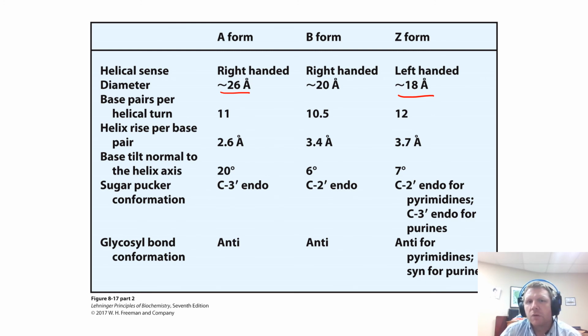There are about 10.5 base pairs per one full helical turn in B form. A and Z have 11 and 12 respectively. Each base pair rise in A form versus Z form is 2.6 and 3.7 angstroms respectively. So B form is not as compacted as A form, but it's more compacted than Z form. So those are your three major forms of a DNA molecule that can exist.